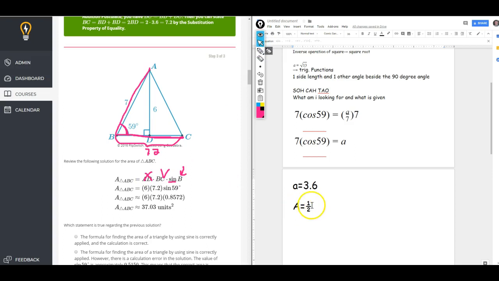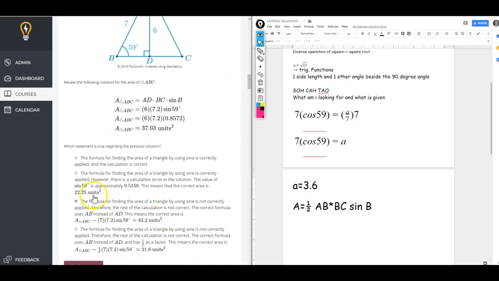So I'm looking for a formula that has the segment BA or AB, however they list it, times BC times the sine of B, because AB is one of those side lengths that sandwiches our angle. So when we look at this, it's not correct. So I'm eliminating these first two.